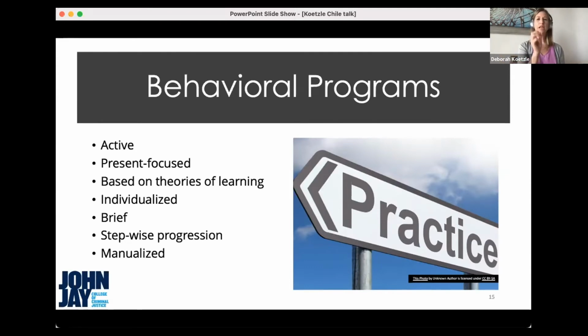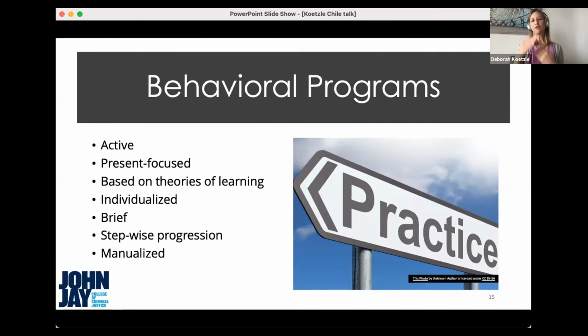A behavioral program is going to have a facilitator that models those different steps for the youth. They sort of show them, right? They demonstrate it for them. And then each youth has a chance to practice those different steps in scenarios that are real for them. And then they can practice it again.